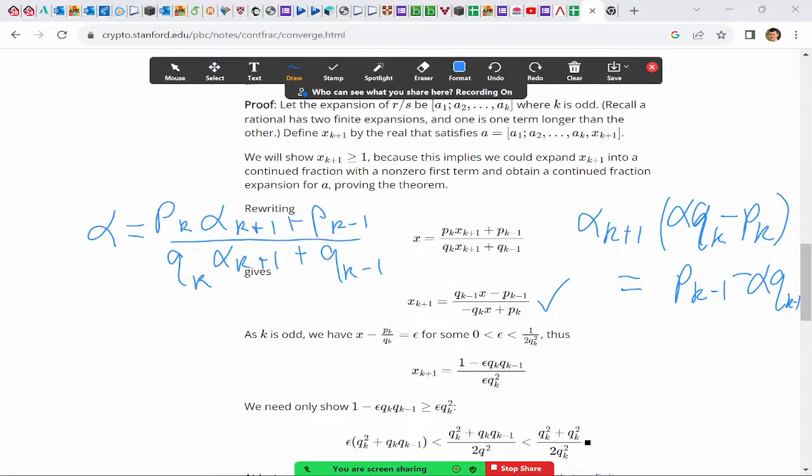Okay, as k is odd, we have that x minus p_k on q_k is between 1 on 2q_k squared and 0.